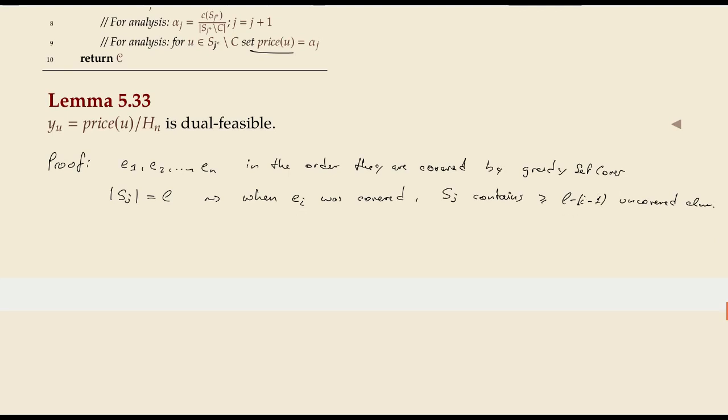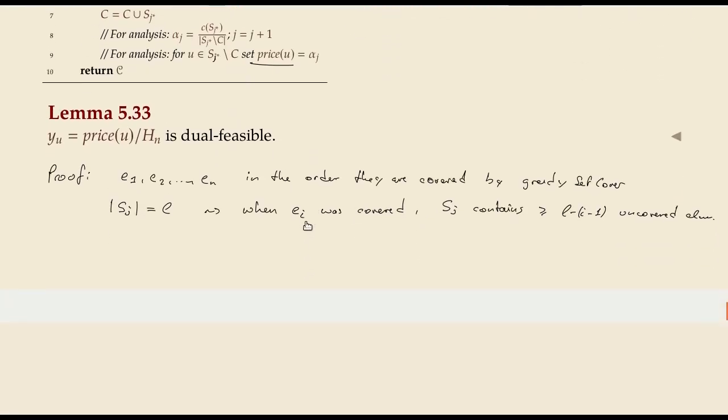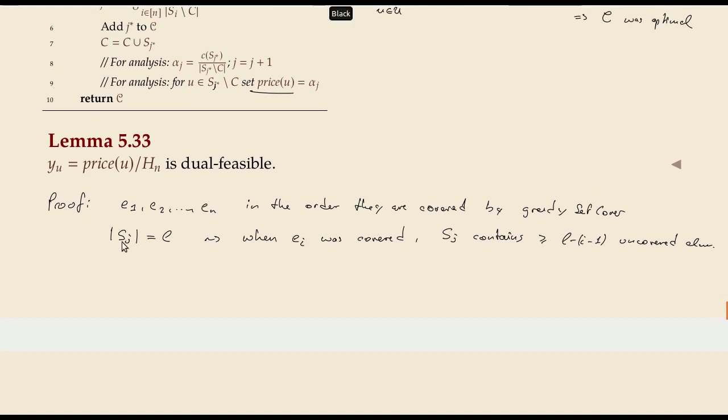So there are no more elements in the set C up to this moment. And that means if we added Sj, then we could cover this new element, well, assuming that it's in this set, with per element cost, well, at most the cost of the set divided by this number.